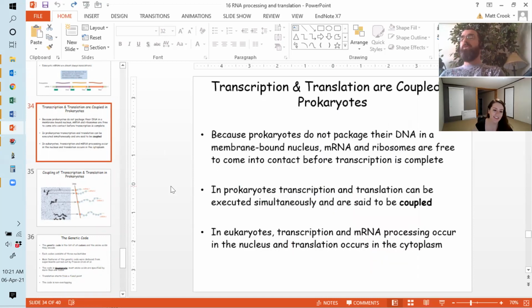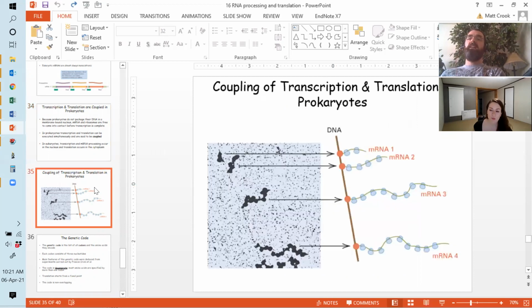Anyway, so one of the really cool things about prokaryotes is that they do couple their transcription and translation. If you think about a prokaryote, even though the DNA tends to be organized in one part of the bacterial cell, it's not separated from the rest of the cytoplasm by a membrane, right? So internal membranes or organelles are a eukaryotic only deal.